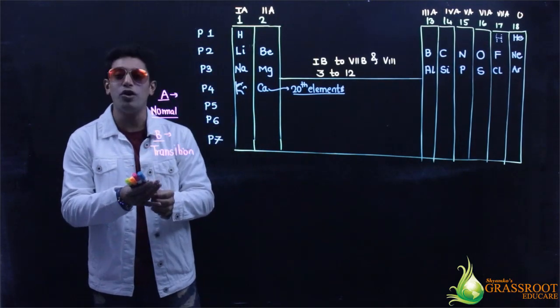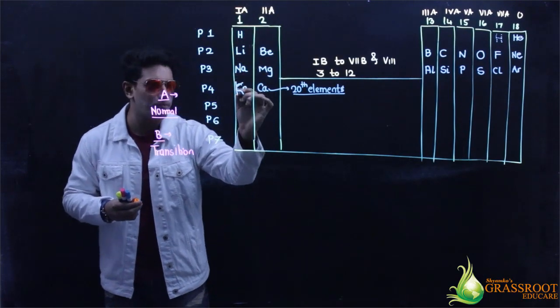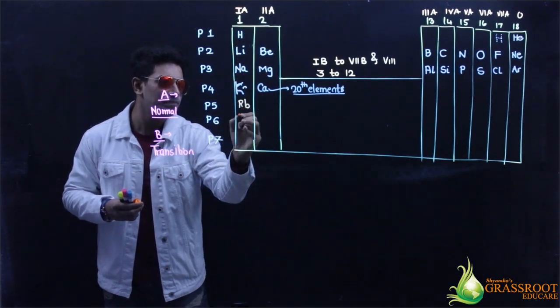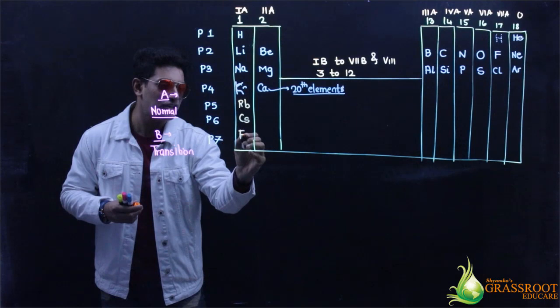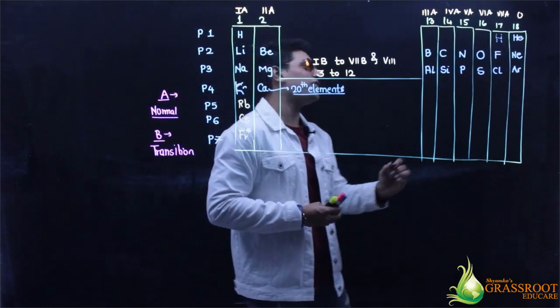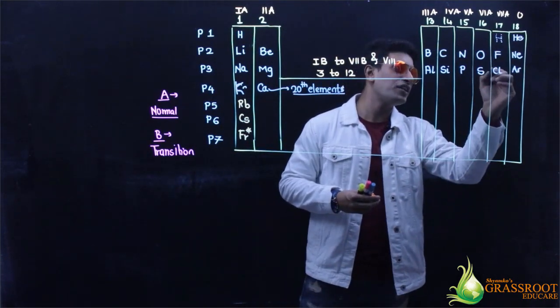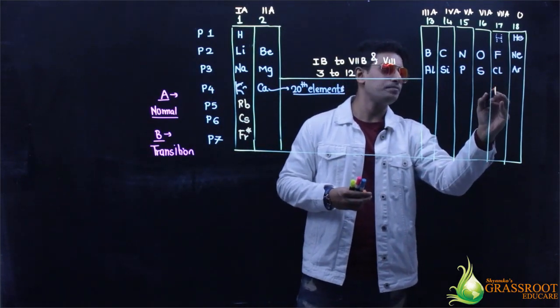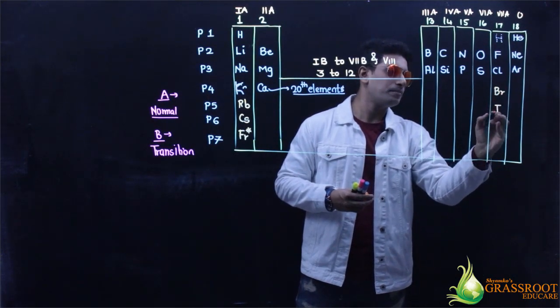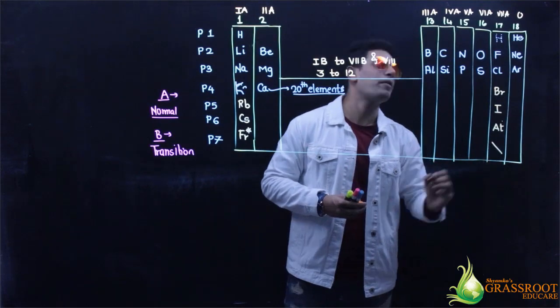Also, I want you to know a few more apart from this. We have hydrogen, lithium, sodium, potassium, rubidium, cesium, francium, where francium is radioactive in nature. Out here in the 17th group, remember a few more: fluorine, chlorine, bromine, iodine, astatine, and no need to remember this one.